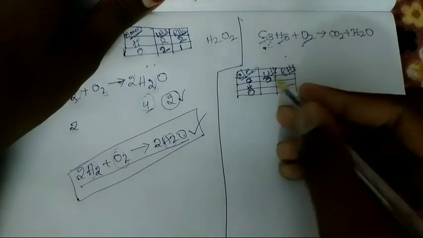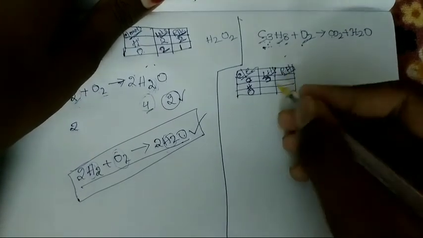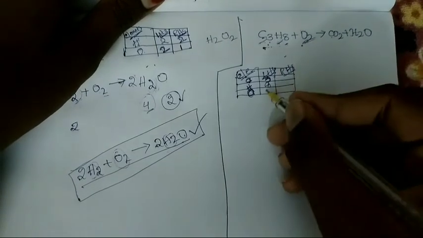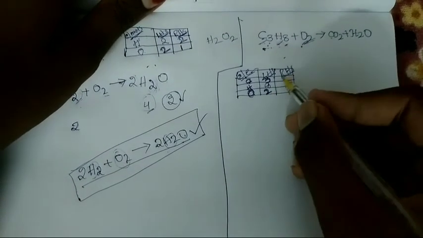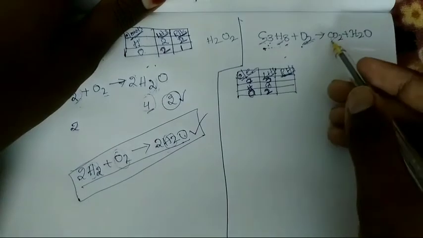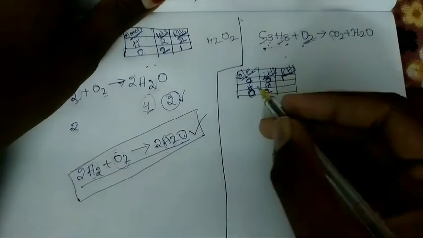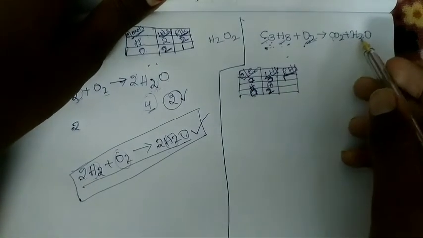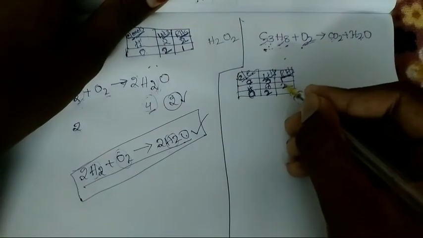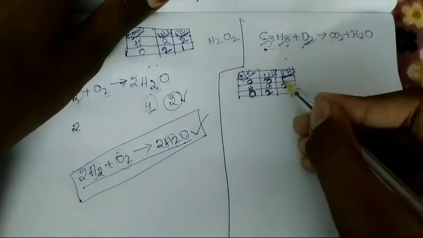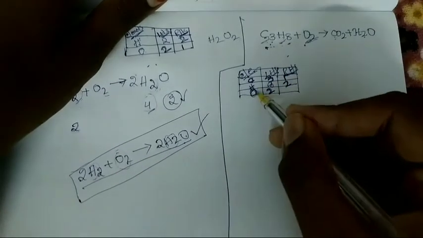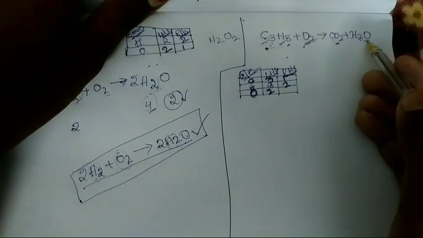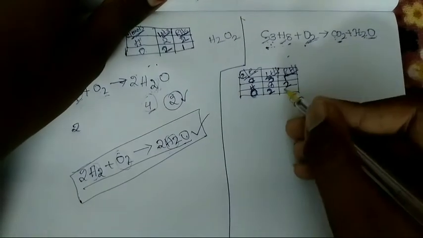And hydrogens in left hand side, how many? 8 hydrogens. Next, oxygens, how many oxygens? 2 oxygens. Next, in right hand side, carbons, how many carbons? Only 1 carbon. Next, hydrogens, how many hydrogens? 2, only 2 hydrogens. Here only 1 carbon, here 2 hydrogens. Now last, oxygen. Here 2 oxygens are there, and here we can get 1 oxygen. 2 plus 1, 3 oxygens.